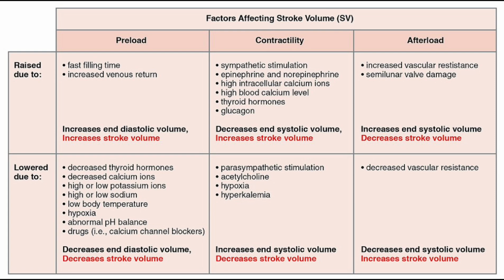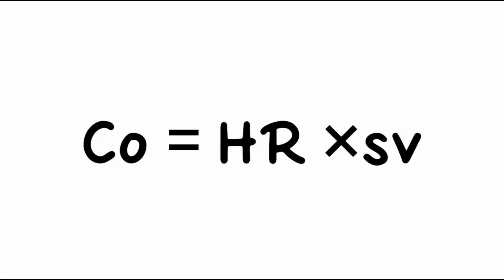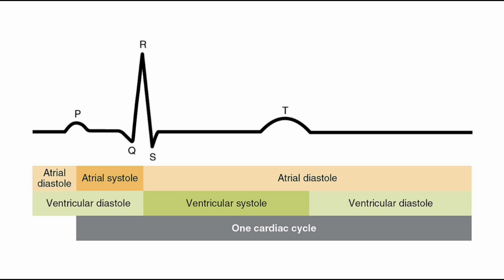So cardiac output is the amount of blood your heart is pumping out every minute, and the important formula is cardiac output is equal to heart rate times the stroke volume. So the heart rate is how many times your heart beats per minute. There are important keys.